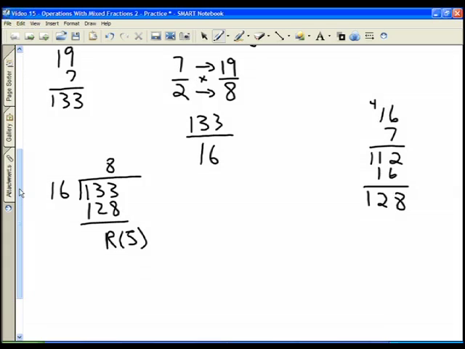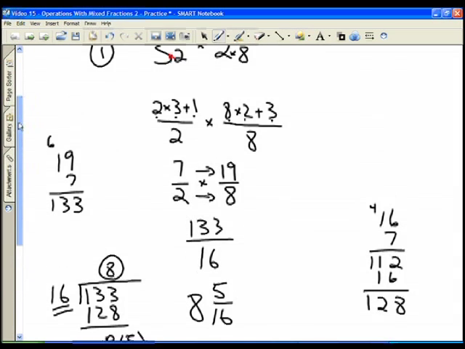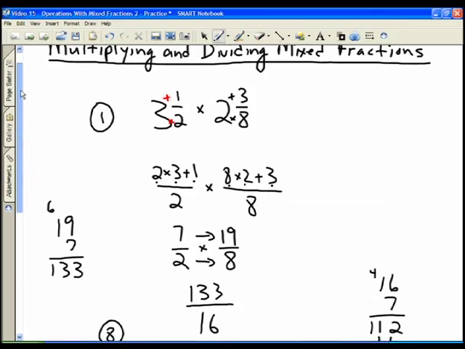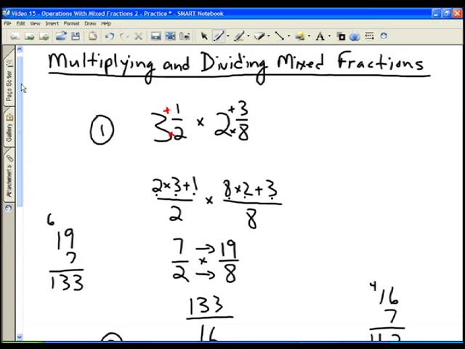So 133 over 16 as a mixed fraction will be 8, and the remainder 5 over our original denominator, which was 16.